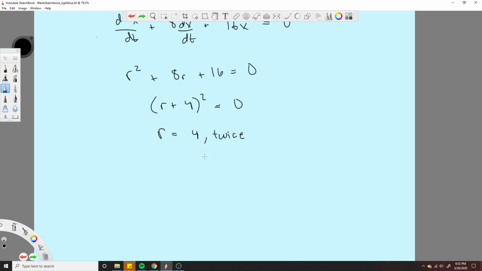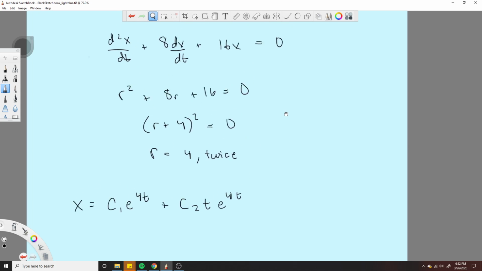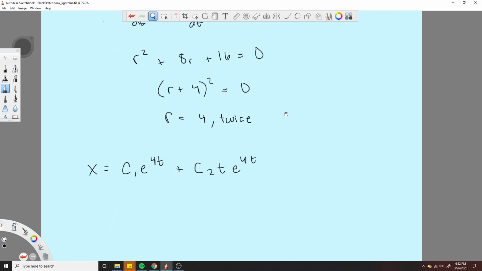But in this case, I know, and many of you just may memorize, that when you have two equal roots, you will have the solution that looks like this: c1 e to the 4t plus c2 t e to the 4t. So it's almost like the same as a normal non-imaginary solution, except you add a t. Okay? So this is the general solution to our equation.